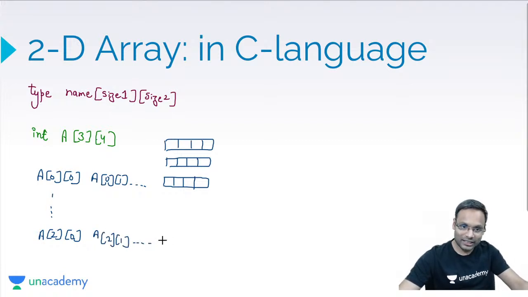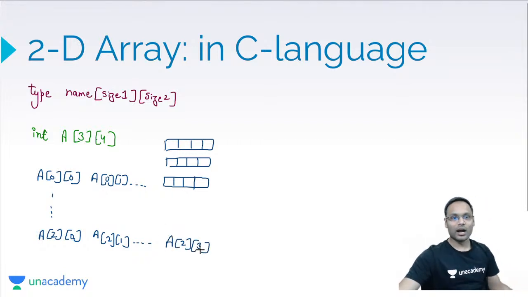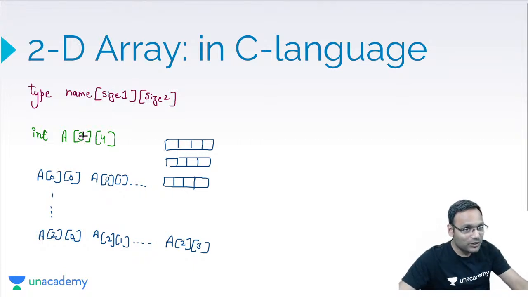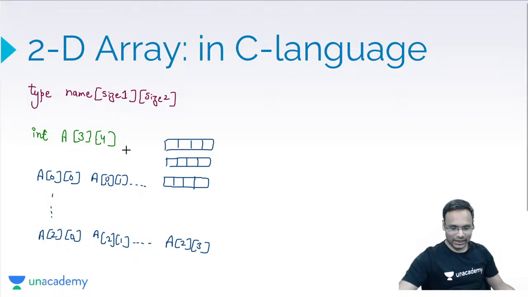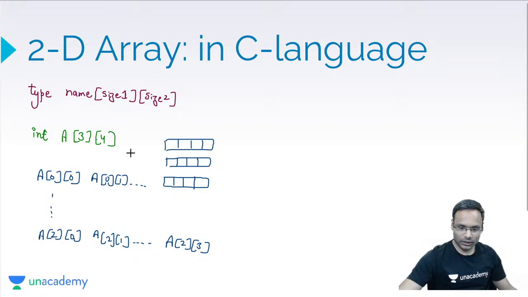And the last element will be row number 2, column number 3. How do I know that? Because we have 3 rows, the starting row number is 0, and the last row number is 2. Simple as that. इतना बहुत आसान है.